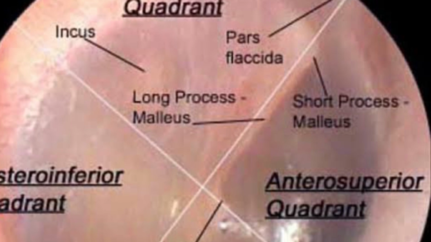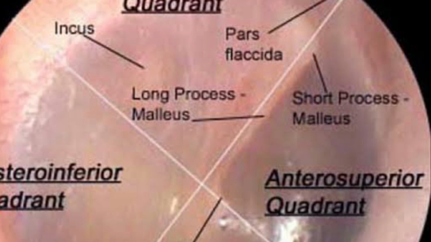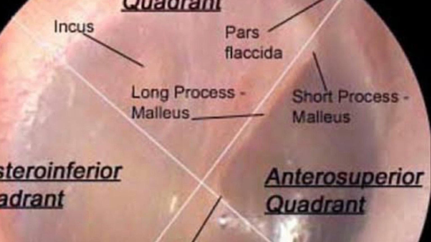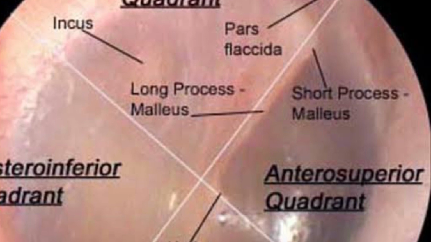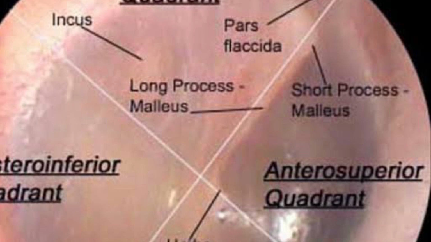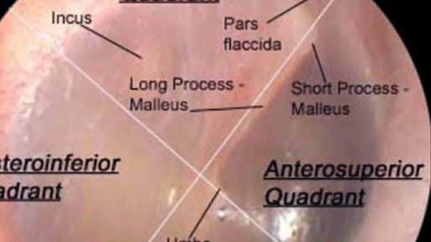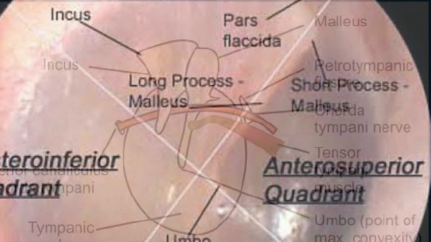So there are four quadrants: anterior inferior quadrant, where you can see the cone of light, anterior superior quadrant, posterior superior quadrant, and posterior inferior quadrant. Cholesteatoma most commonly occurs because of retraction in the posterior superior quadrant.